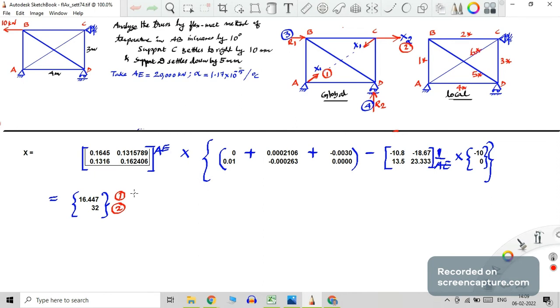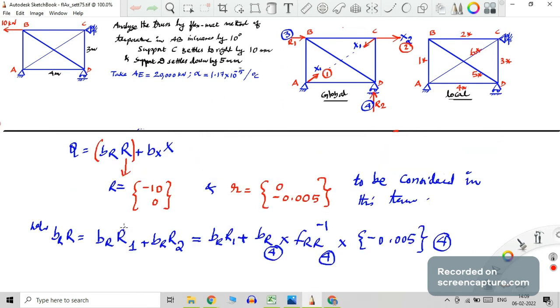If you do that, I have skipped those calculations. Ultimately, you are going to get x1 and x2 as 16.447 and 32 kilonewtons. Okay, because x1, x2 they are forces. So the solution process is over. Now you need to go for post processing.